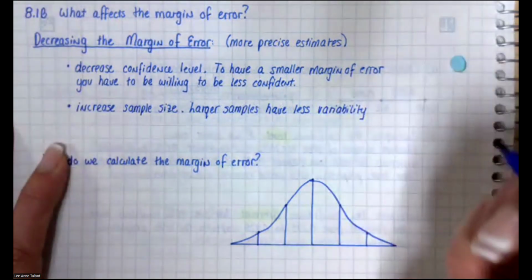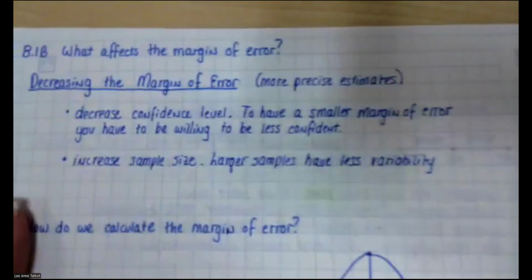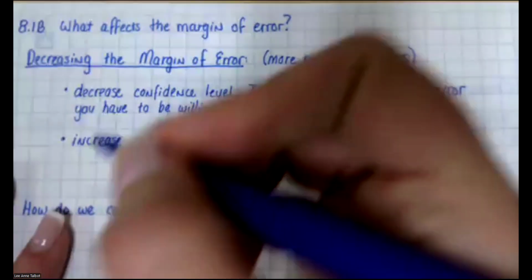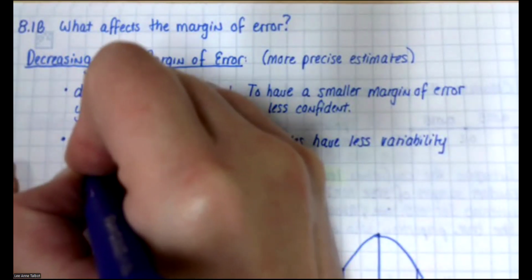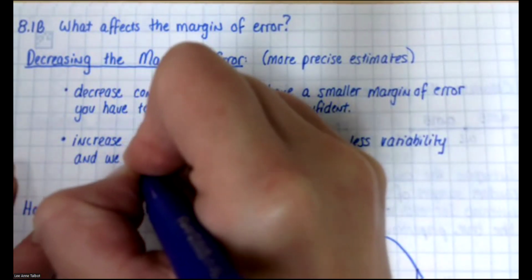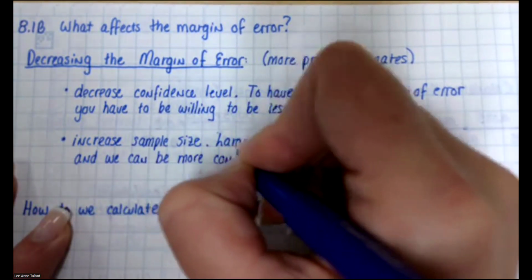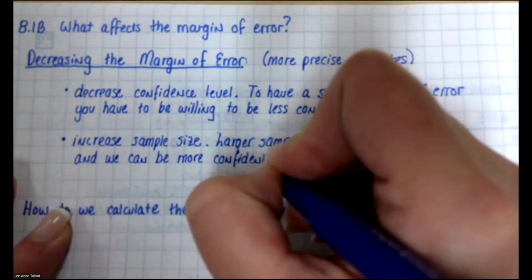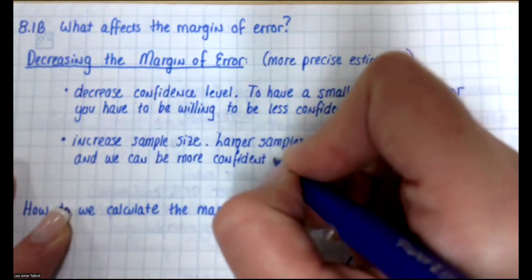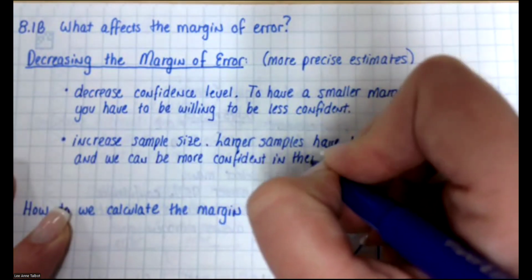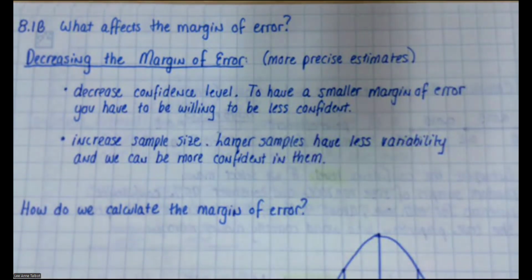If you guys remember that from chapter 7. So that's a common sense reason. Larger samples have less variability, but we could be more confident in them.